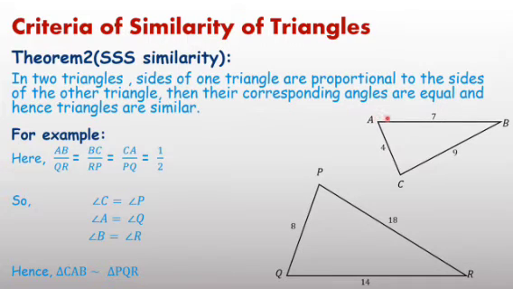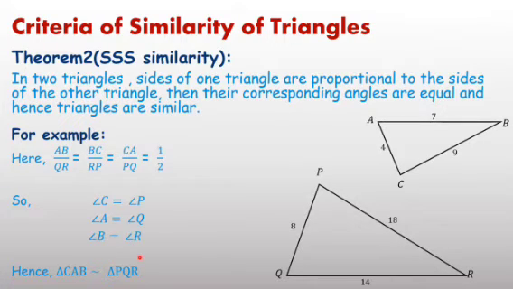Now opposite to AB is C, opposite to QR is P, therefore angle C equals angle P. Similarly here, opposite to BC is A and opposite to RP is Q, therefore A equals Q. And opposite to CA is angle B and opposite to PQ is R. Therefore B equals R. In this pattern you can say both angles are equal.